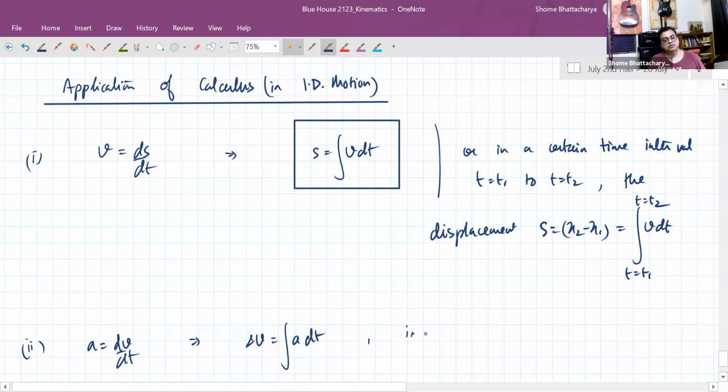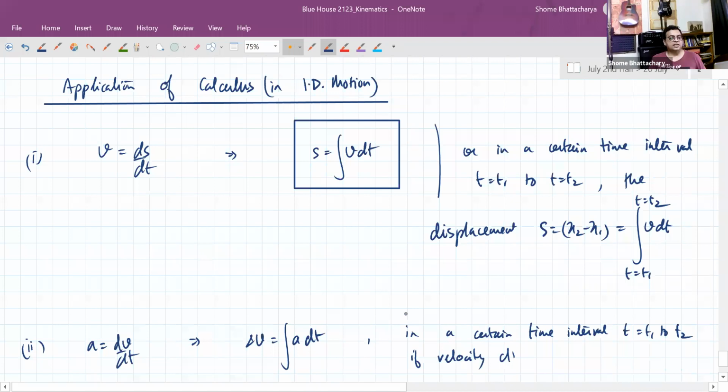Or in other words, in a certain time interval t equal to t1 to t2, if the velocity changes from v1 to v2, then the relationship between this we can say is that final velocity minus initial velocity will be integration of the acceleration with respect to time from the initial time t1 to the final time t2.